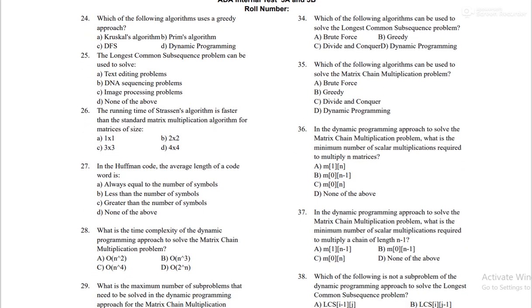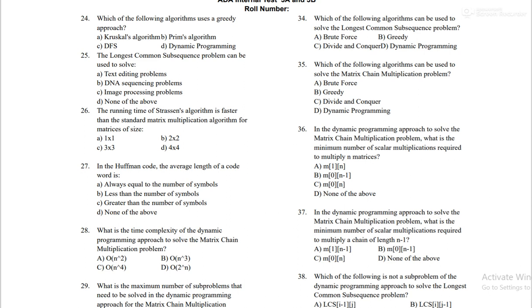Question number 24. Which of the following algorithms uses a greedy approach? Using a greedy approach means finding the minimum weight or minimum cost, or finding the best optimal solution at the current stage, and then moving forward with the required solution.